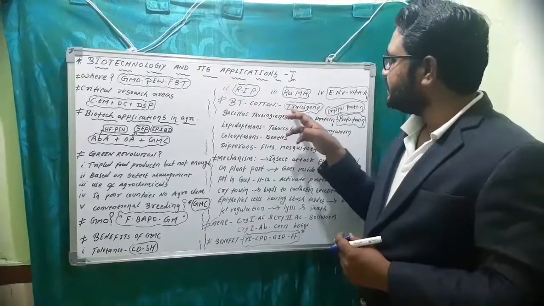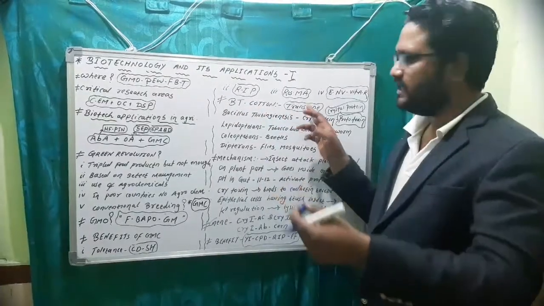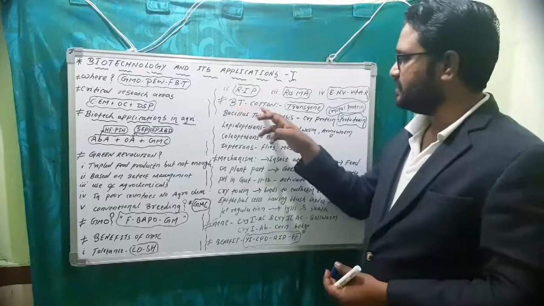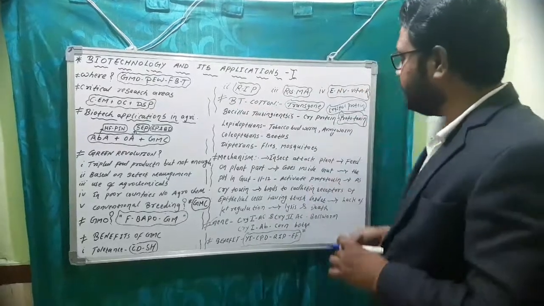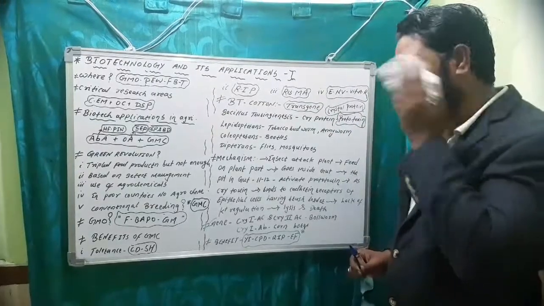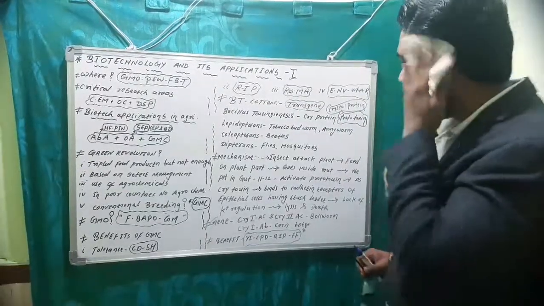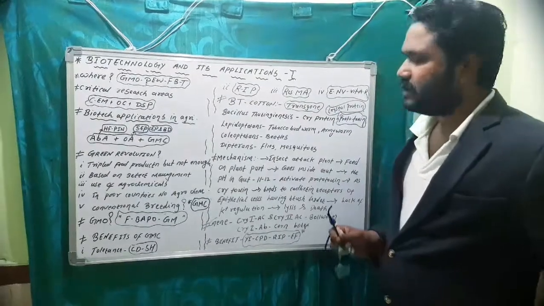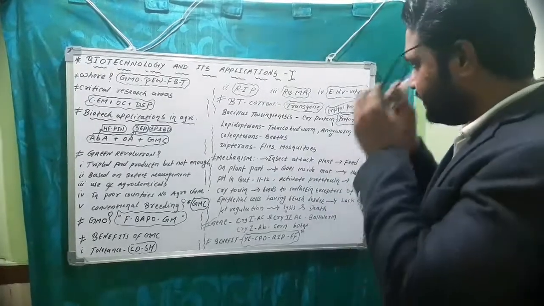That is called a transgene, transfer of gene from Bacillus thuringiensis to the cotton genetic system. So this is the transgene, the transfer of a foreign gene into the genetic makeup of the native plant.